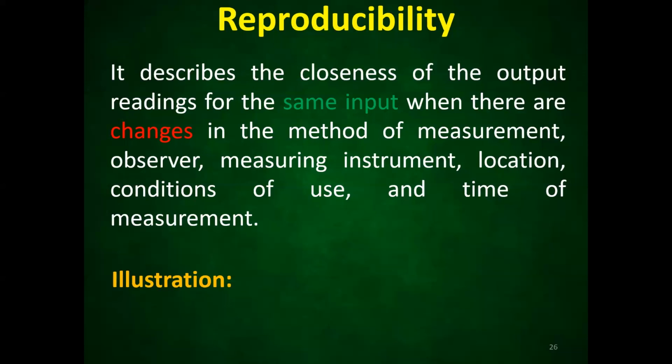Instrument and input should be fixed, but if you change the environment and the whole setup, and still that instrument produces the same result for the same input, then it is called reproducibility. It has the power of reproduction of the same result.